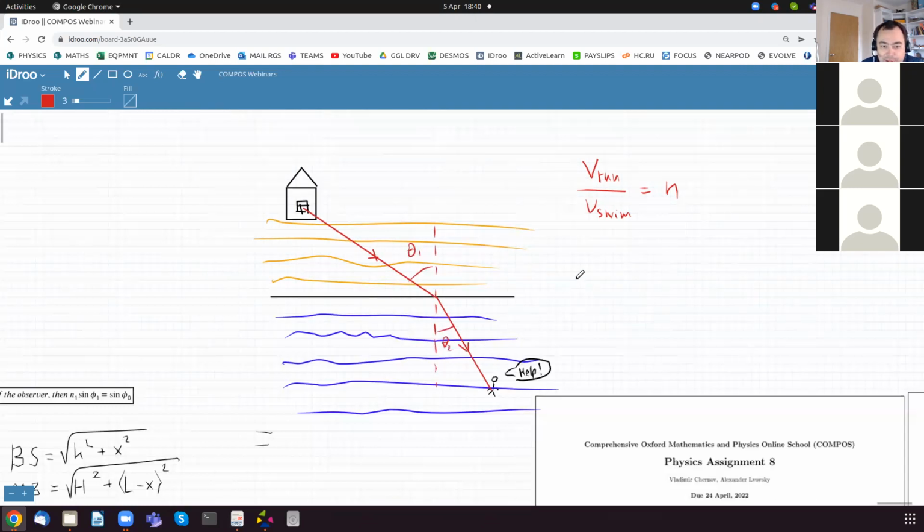The fastest path, and you can prove that, is if sine theta 1 divided by sine theta 2 is n.